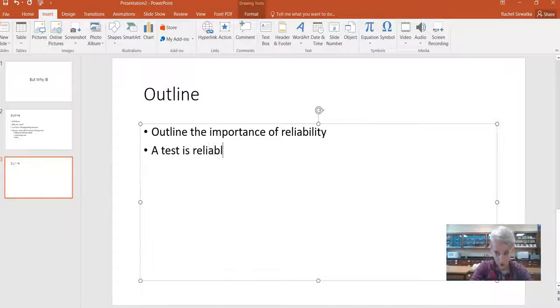I have a cheat sheet below here. It's fine. Ain't no shame in my cheat sheet game. But I'm going to study for the test tonight, so then I'm going to know it. Okay, so a test is reliable when you can continue to retest in the same conditions as the original.